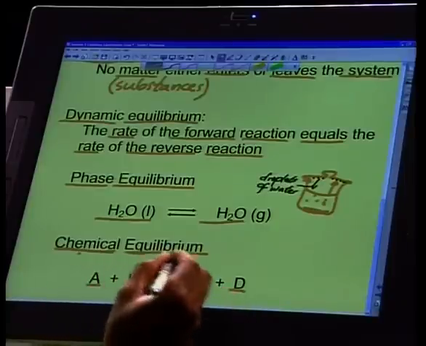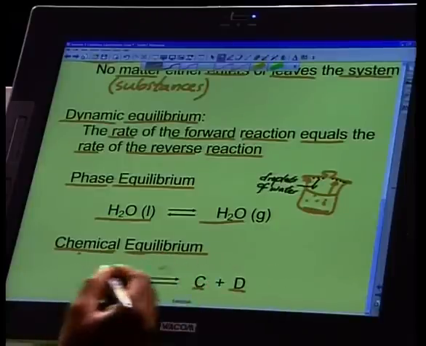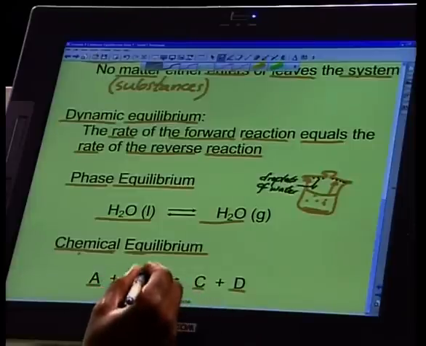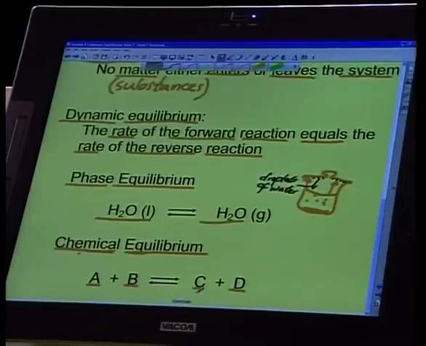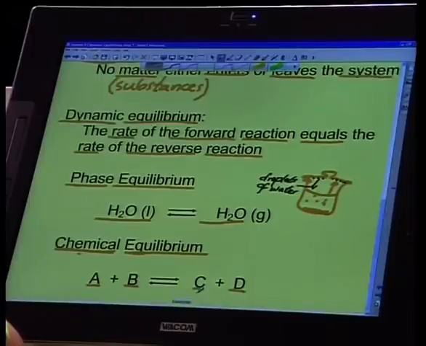So the rate of forward reaction equals the rate of reverse reaction. And at that time, we have a chemical equilibrium that has been reached. Okay?